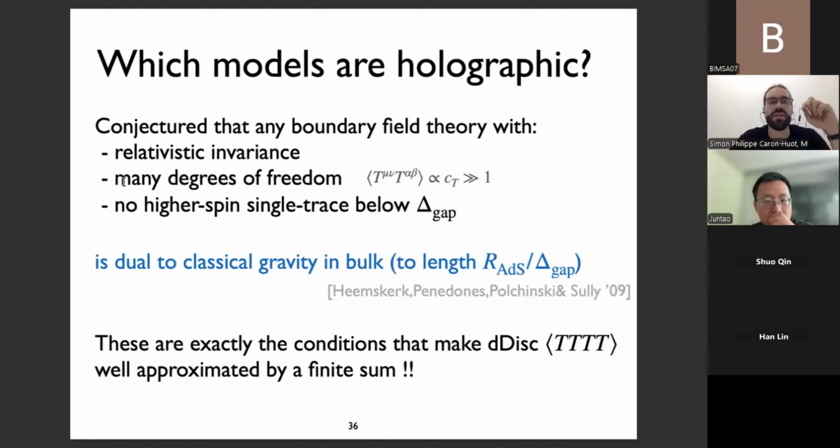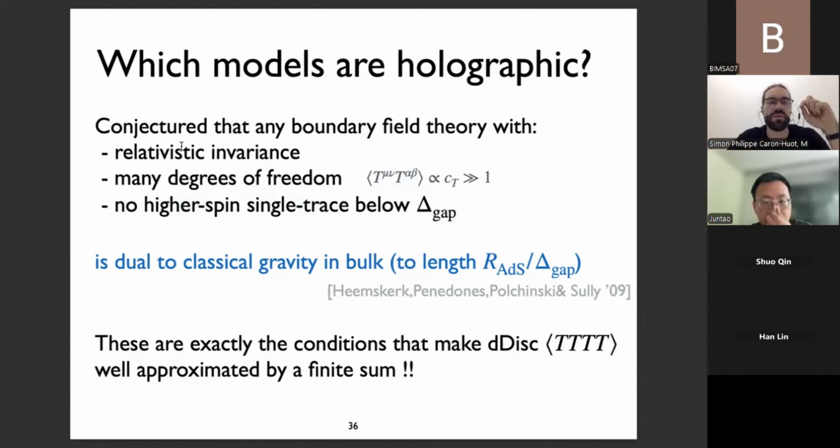So it's a theory that needs to have many degrees of freedom, in the sense that the 2-point function of the energy momentum tensor is large. And it needs to have no higher spin operators below a certain scaling dimension. That's called a gap. It needs to have a large gap for the higher spin spectrum of so-called single trace operators. I'll come to that in a second.